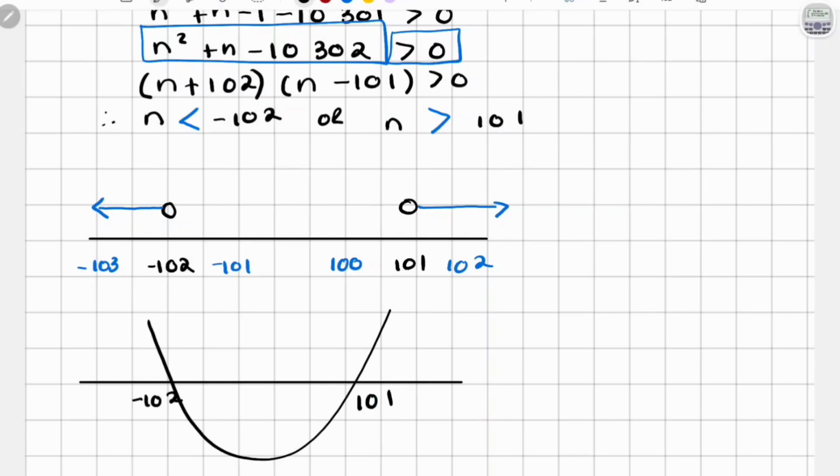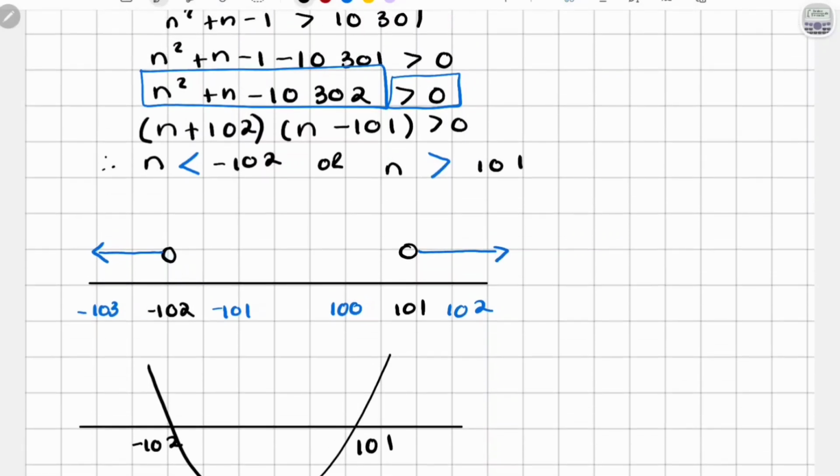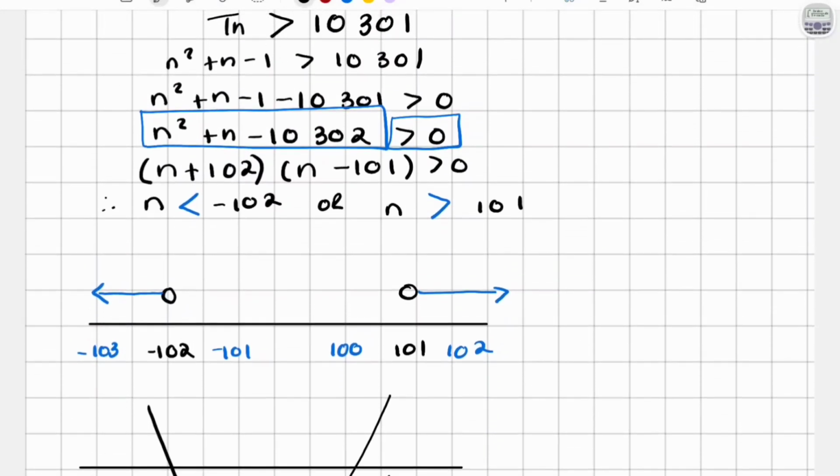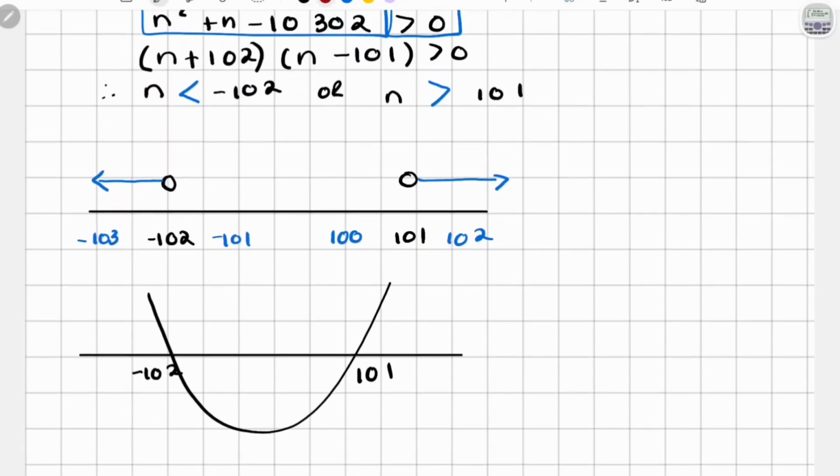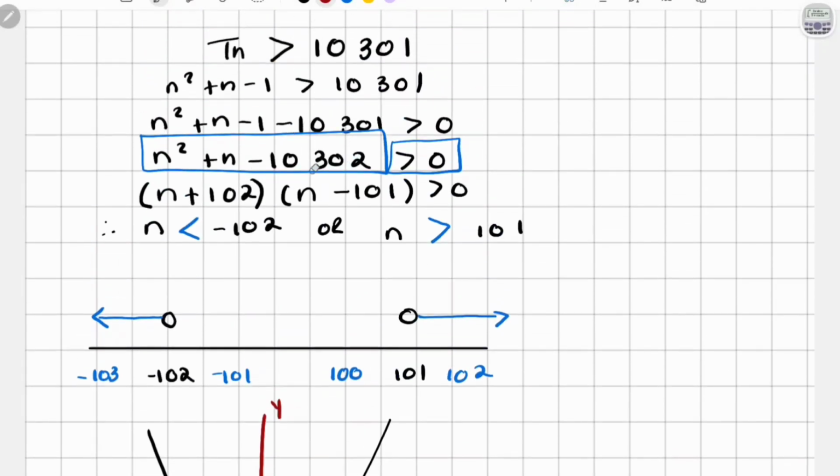Now that we have that, we would just find out for which values of n this graph would be greater than 0. So here's the rule that you can think about. It's kind of like there was a y-axis. I don't really need the y-axis. This is saying that you need to find the values of n for which its y values will be greater than 0.